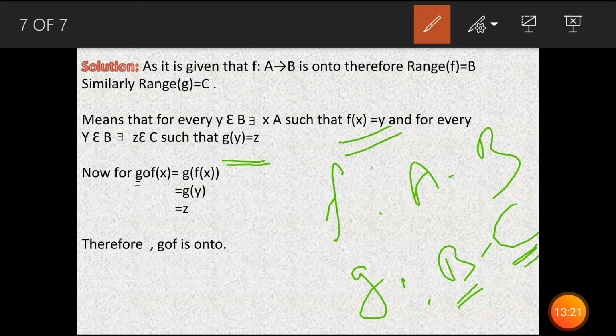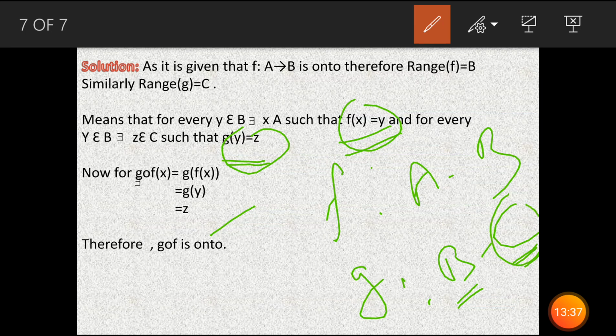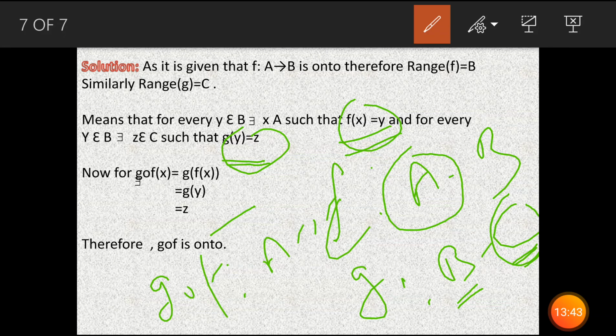We are going to use both conditions to prove GOF is onto. So GOF of x equals g of f(x). Now f(x) is y, so we put g(y), and g(y) is z. So GOF of x equals z, where z is an element from C and x is an element from A. So GOF is a function from A to C, and GOF is also onto.